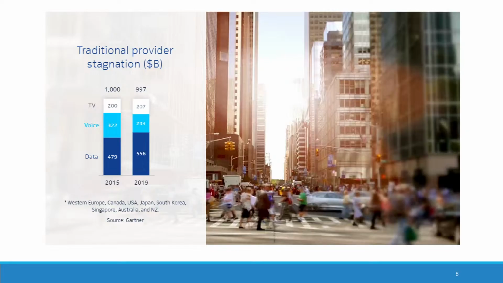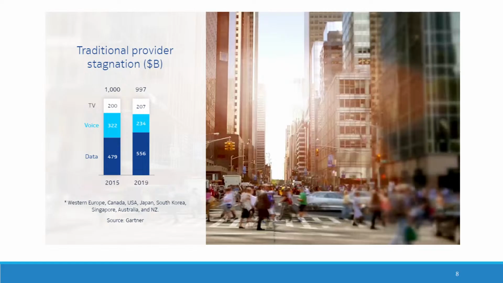So traditionally, the provider stage in 2050 is TV is 200 and the voice is 322, for data is 479. But to the year 2019, the data stage length is increased, and the voice is getting less.